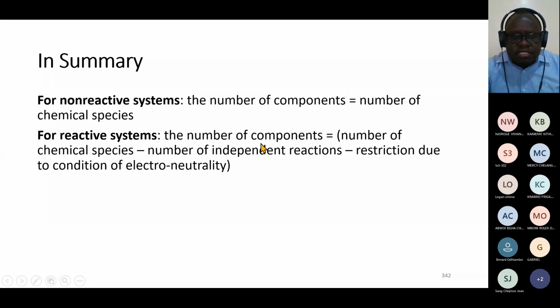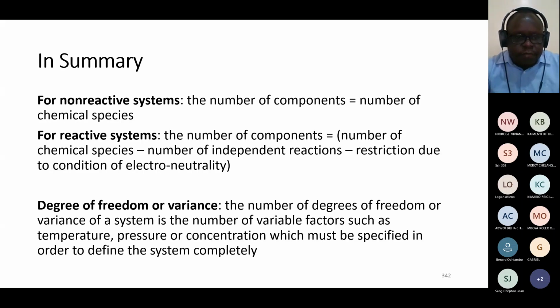So therefore that affects the number of components of a particular system. So the number of components is the number of chemical species minus the number of independent reactions minus a restriction due to the condition for electron neutrality. So this is just a recap.